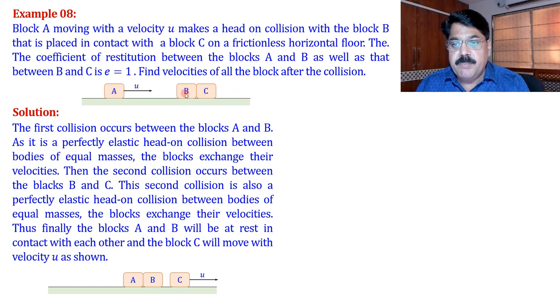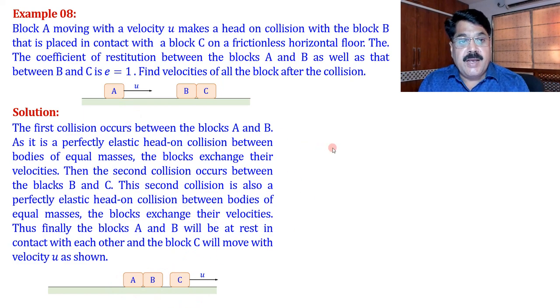What velocity would B have acquired after the collision with A? The next interaction between B and C will be treated as a collision between B and C with the velocity B acquired from the collision with A. So this is the situation.